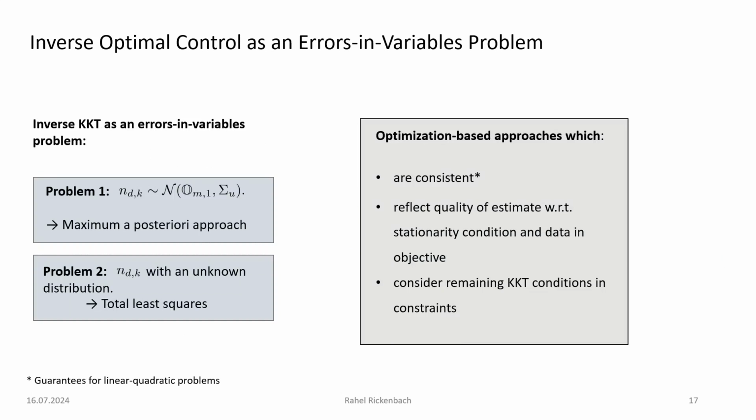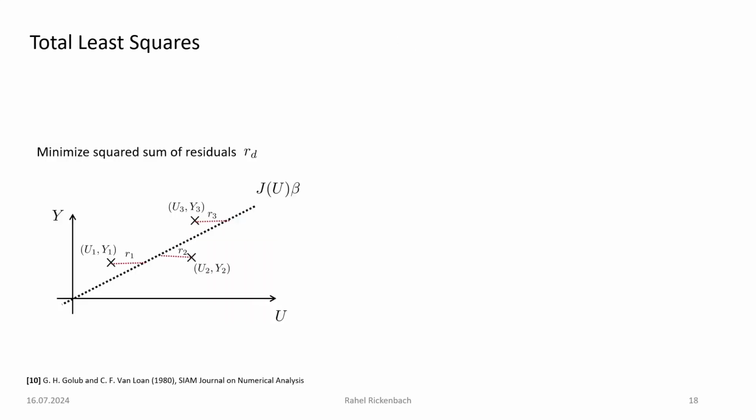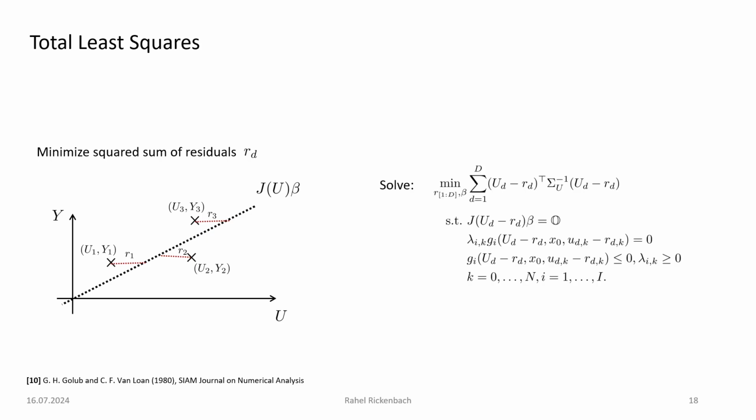For the second problem class, we cannot leverage any knowledge of any distribution anymore because we don't have it. That's why we resort here to a total least squares approach, where we now minimize the squared sum over all residuals. So we consider now the suboptimality as residuals, meaning we can write the following optimization problem.